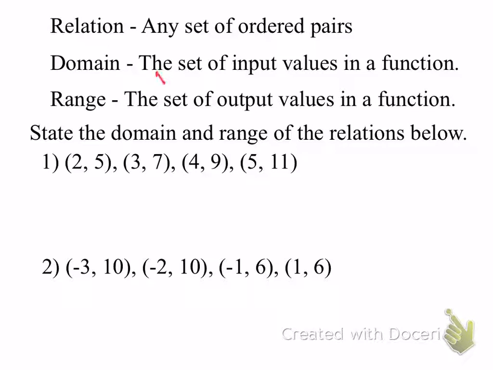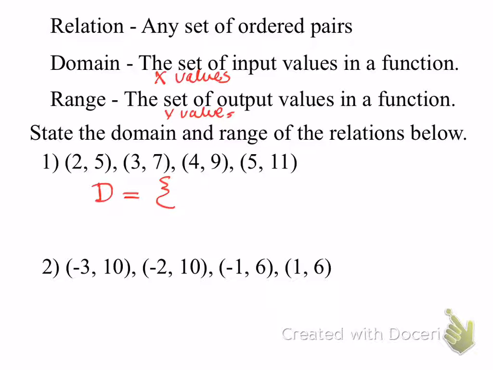Okay, so these are my X values, and these are my Y values. All right, so when it says state the domain and range of the relation, a relation is a set of ordered pairs. I'm going to say D is equal to, and since it's a solution set, there's more than one domain. I am going to list it.